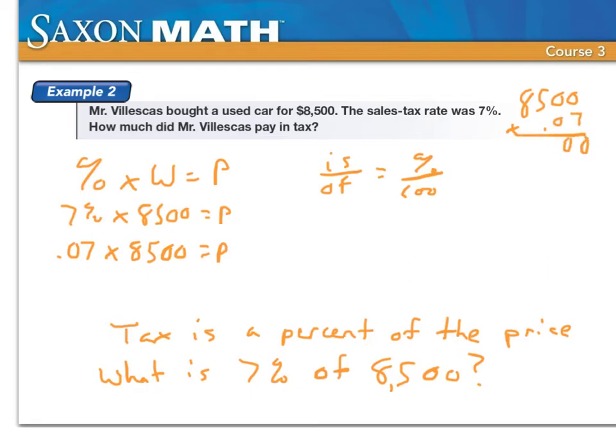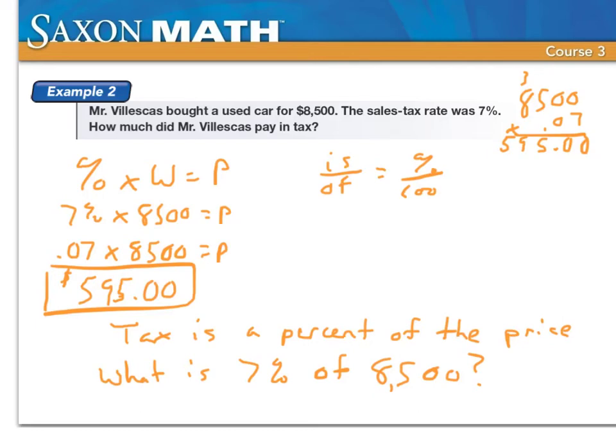And we get 0, 0, 5 times 7 is 35, carry the 3, 7 times 8 is 56, plus 3 is 59. We don't need to do the second row because it's going to be all zeros, so I just need 2 decimal points on this. So it's going to be $595. Okay, so $595 is my tax on this car.